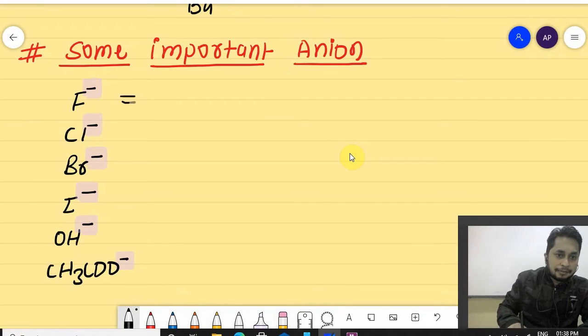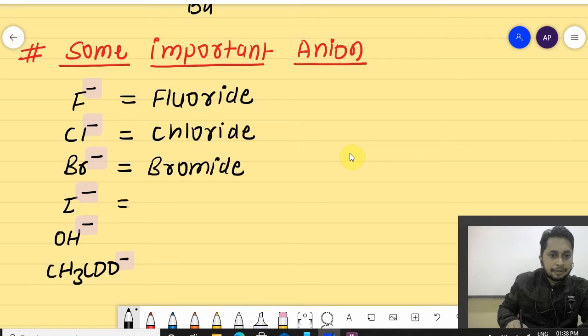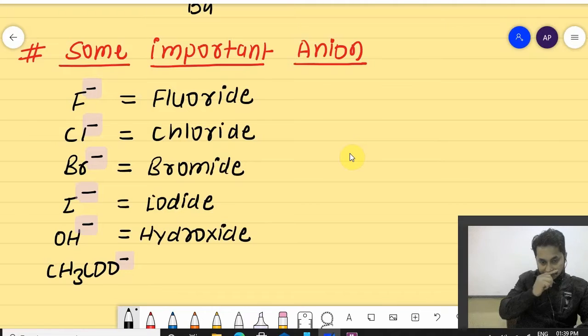They are fluoride, chloride, bromide, iodide and hydroxide. And the last one is acetate.